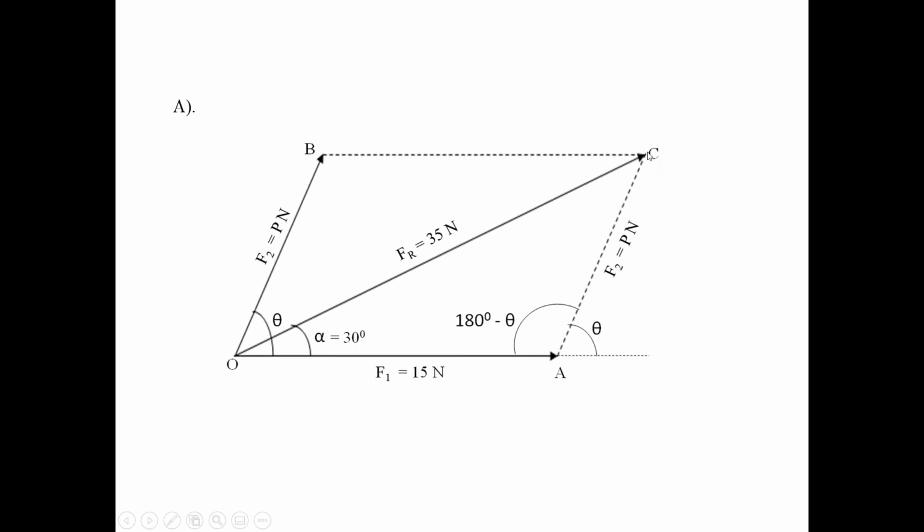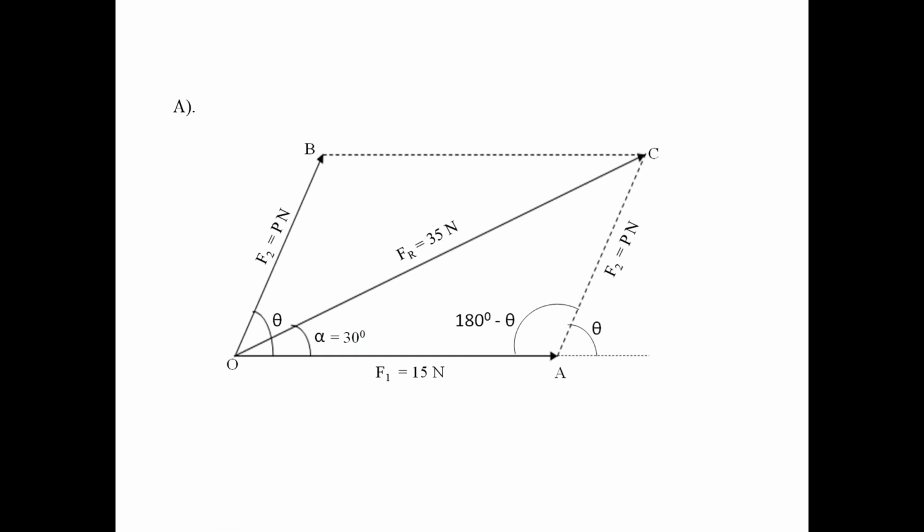In triangle OAC, OA is F1, 15 Newton, AC is F2, P Newton, and OC is Fr, 35 Newton. At point O, the angle is 30 degrees. Dear students, please observe the triangle OAC in the diagram.